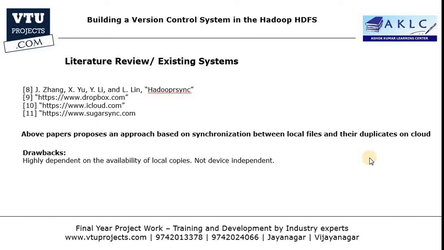That means the original files will be saved locally, and all their versions will be saved somewhere in the cloud. So in this case, we are introducing a dependency on the local copies, so they should always be available. What if those local copies are lost, or you have deleted them by mistake, or something like that?